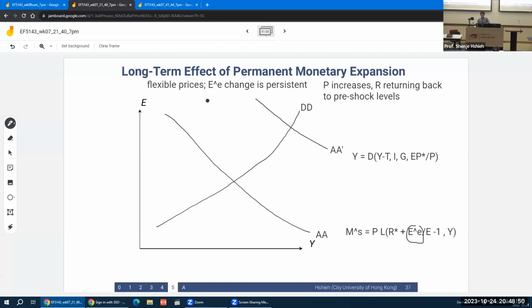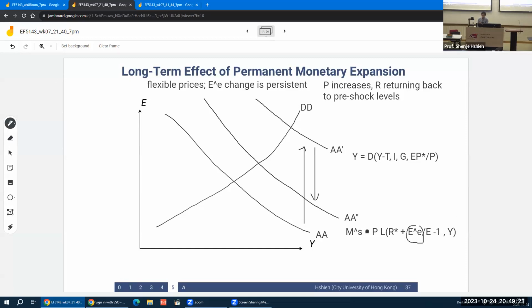And so that curve is somewhere here, right? It's no longer at the AA prime level because we have flexible prices, but because UIP has changed, we still have an elevated AA schedule. So in other words, we go from AA to AA prime, and then now from short run to long run, because of flexible prices, we have this schedule here, right?